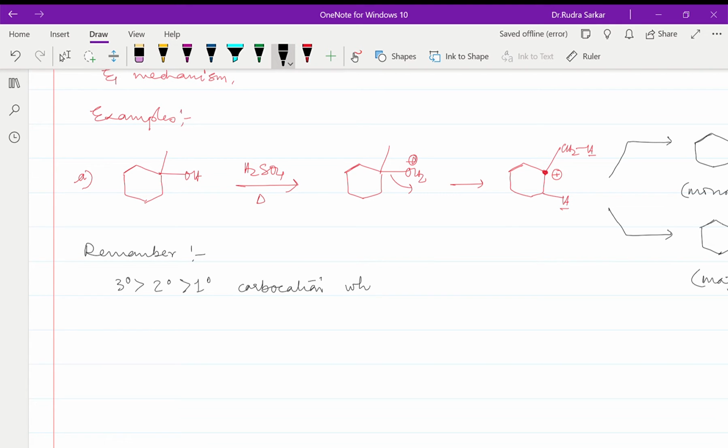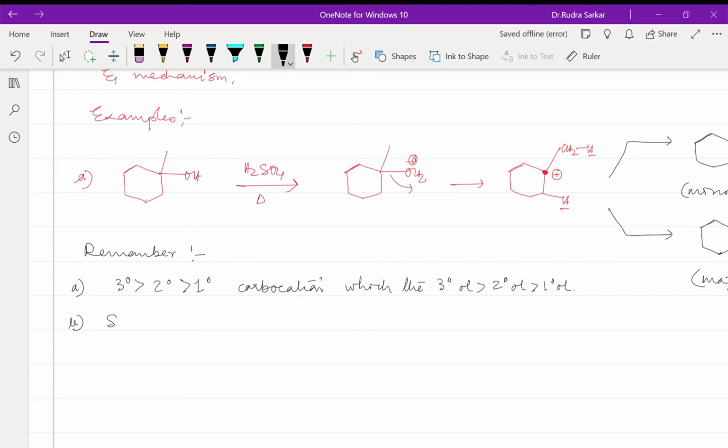Which means 3-degree alcohols react faster or dehydrate faster than 2-degree alcohols, then 1-degree alcohols in an E1 elimination reaction.